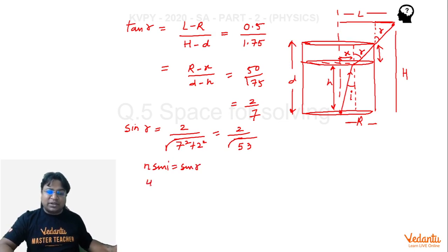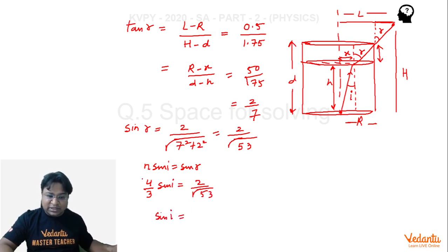So n is 1.33, which is 4 by 3. Sine i is equal to sine r, which is 2 by root 53. So from here we will get the value of sine i as 3 divided by 2 root 53.